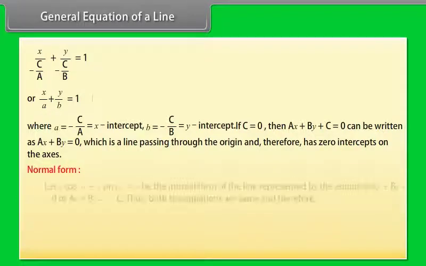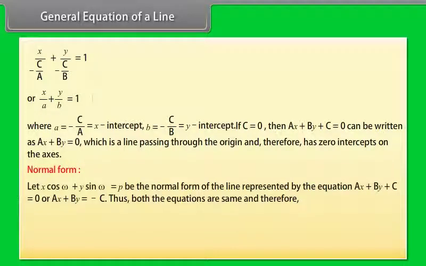Normal form. Let x cos ω + y sin ω = p be the normal form of the line represented by the equation ax + by + c = 0, or ax + by = -c.